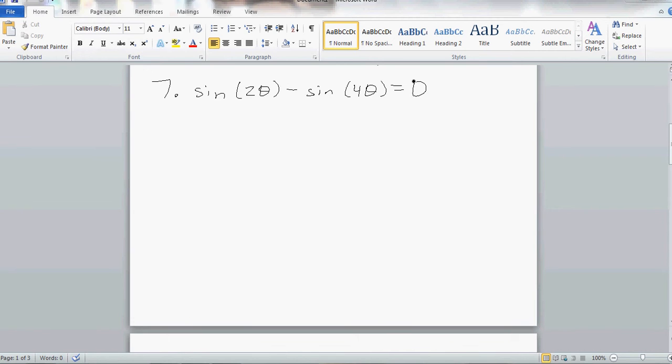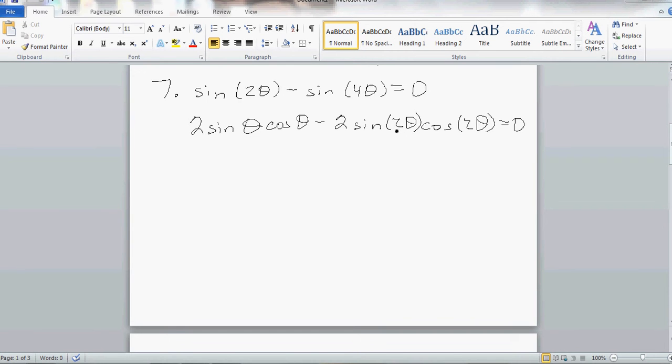And so what I'm going to suggest we might do here first off is, okay, sine of 2 theta can be written as 2 times the sine of theta cosine of theta. The sine of 4 theta, using the double angle formula, will be 2 the sine of 2 theta cosine of 2 theta, and that still will all equal 0.